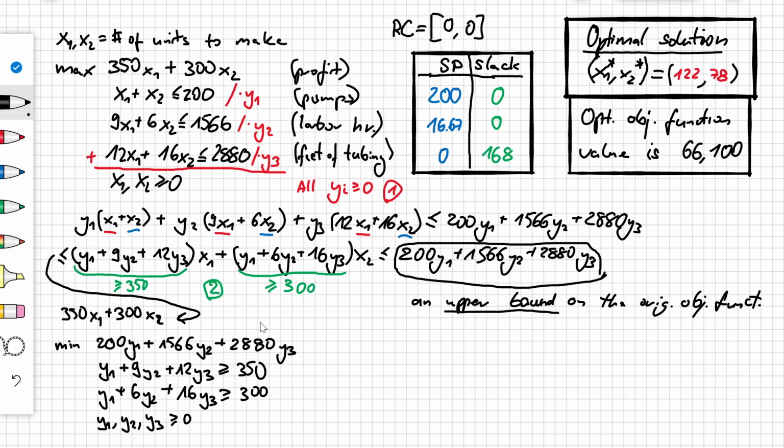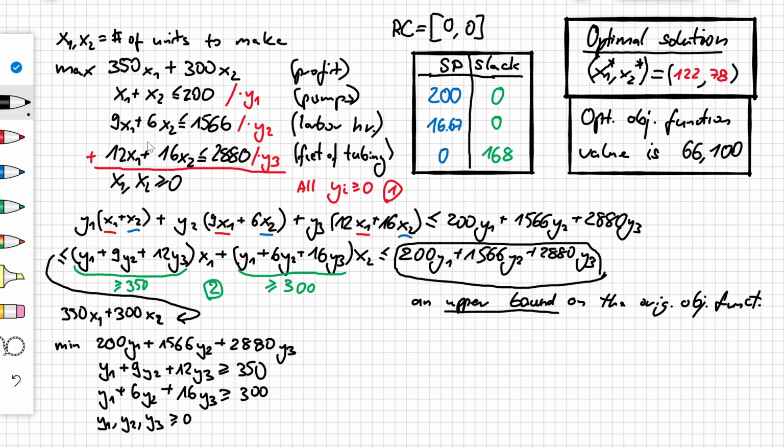Okay? So what I would like you to see is that this model is using all the numbers that you saw in the original model. However, what was before on the right-hand side, 200, 1566, 2880, is now in the objective coefficients. What was in the objective, 350, 300, is on the right-hand side.